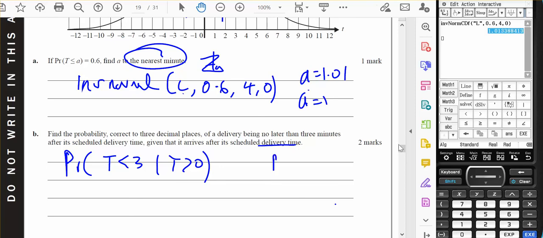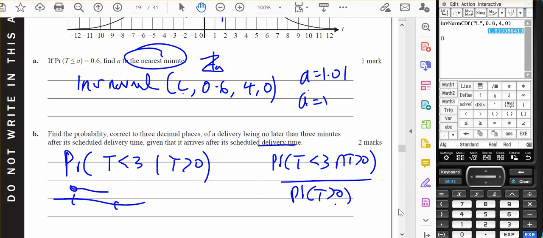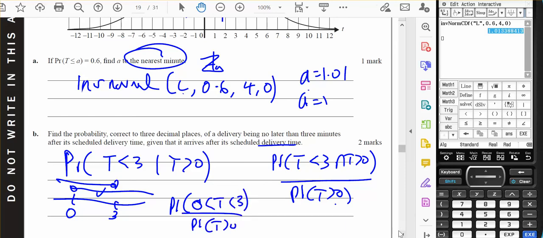So probability of T less than 3 intersect T bigger than 0 over the probability of T bigger than 0, and bigger than 0, less than 3 is in between. So I'm wanting the probability of T going from 0 to 3 over the probability of T bigger than 0.